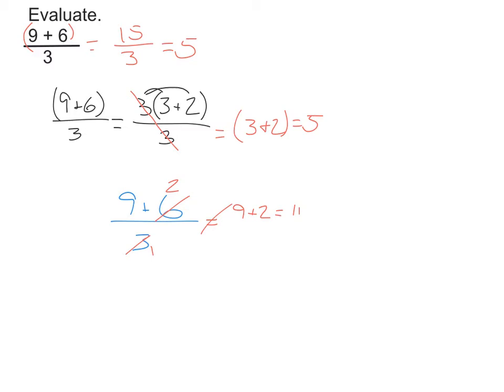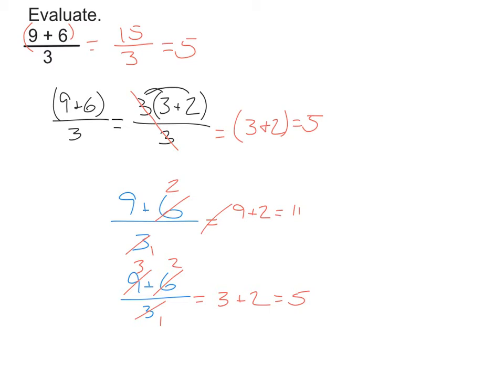So in order to divide, we have to be able to take out something from the entire fraction, both top and bottom. So if we took out our 3, we would have to take out a 3 from there and from here. And so now we're left with 3 plus 2, which does equal 5.